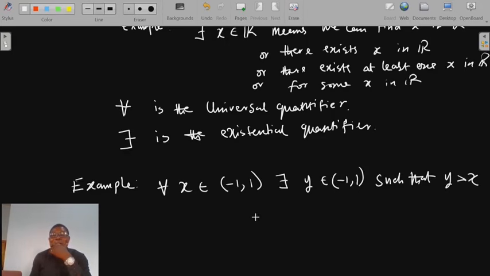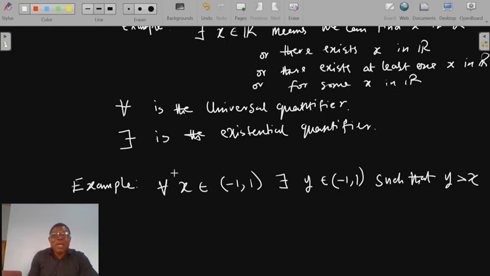This is a mathematical statement. This is saying that given x in -1, 1, we can find a y in -1, 1 that is bigger than x. And this is a true statement.